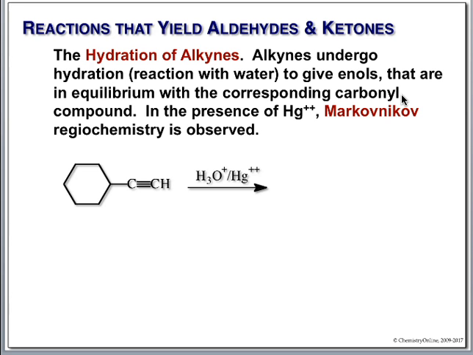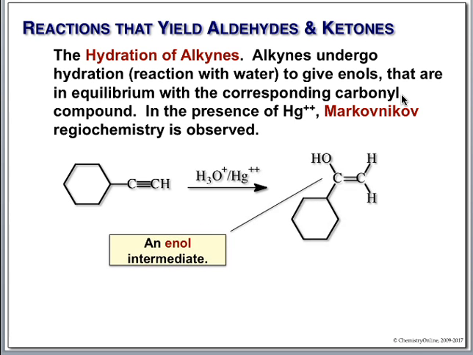Remember, we could take an alkyne and we could hydrate the alkyne. This is kind of a neat reaction. And it's an introduction to things that we're going to do in chapters 20 and 21. Because when we hydrate this alkyne, the mercury acts as a catalyst by chelating the triple bond, allowing water to add in a Markovnikov fashion, and we wind up with an enol.